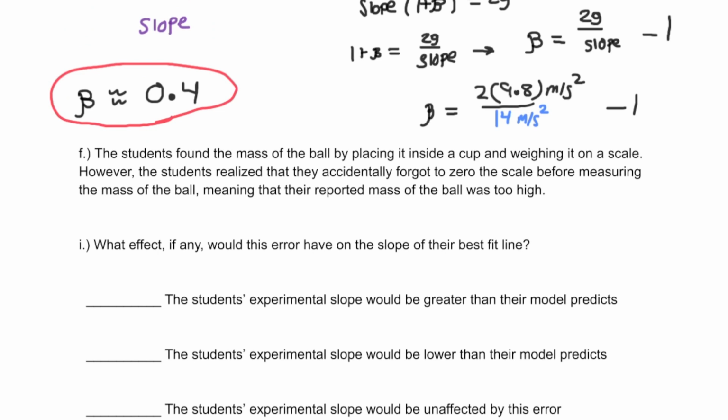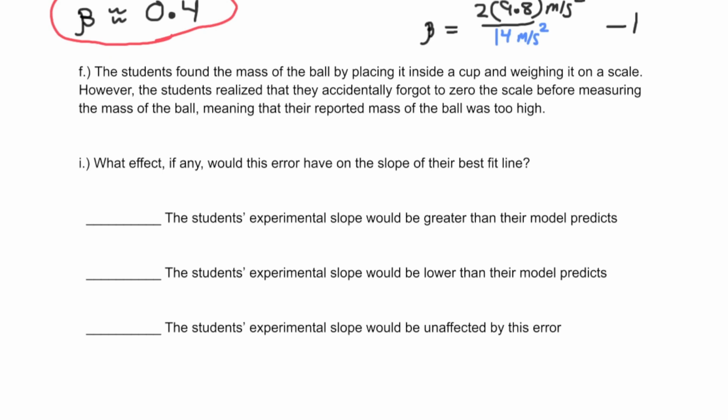And then for just some error analysis to conclude with, the students find that when they measured the mass of the ball, they forgot to zero the scale, meaning the reported mass of the ball was too high. What effect, if any, would this error have on the slope of their best fit line?